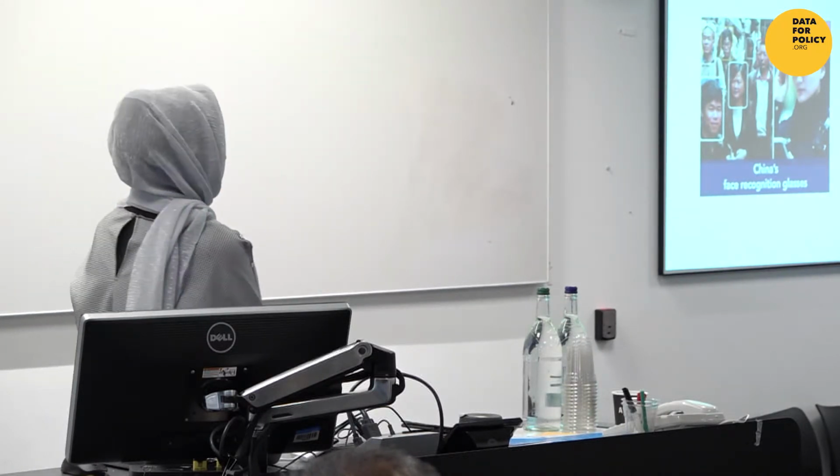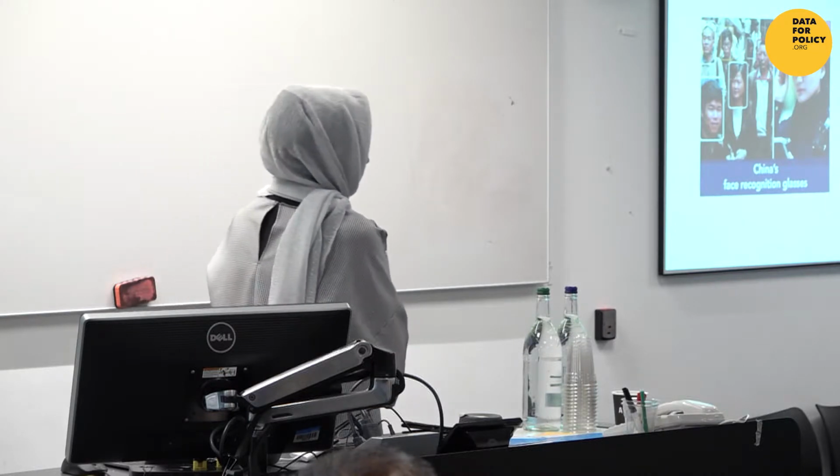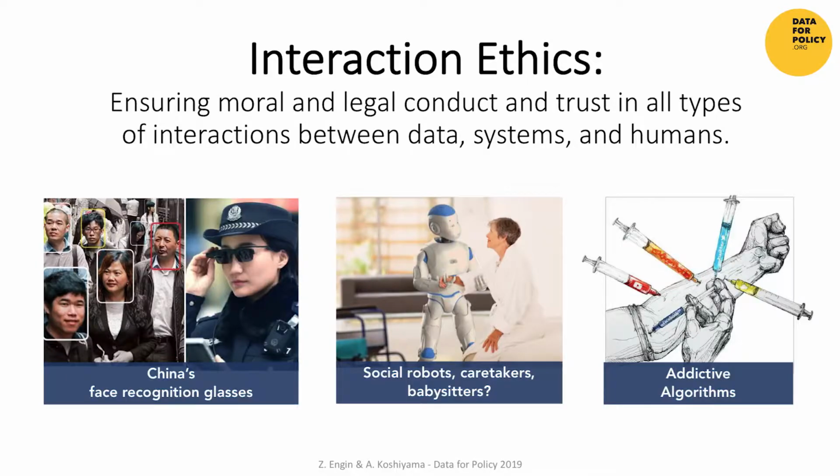The examples I have are China's facial recognition glasses that police use. Basically, police walk around on the streets, and for any person they identify, they are able to reach all types of information from their central database in real time and act accordingly.